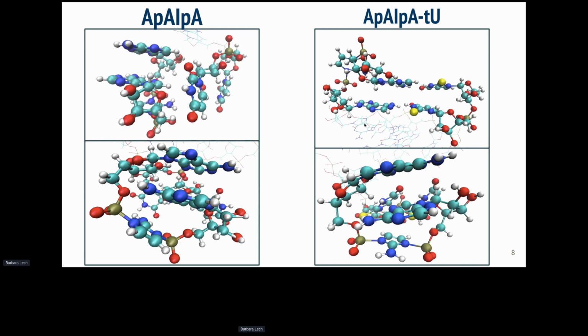For me, one of the most important results is with the change of uracil to thio-uracil in the complementary strand. Because as you can see, in this case I get clusters where the canonical structure was created, and there are Watson-Crick interactions between complementary nucleobases.